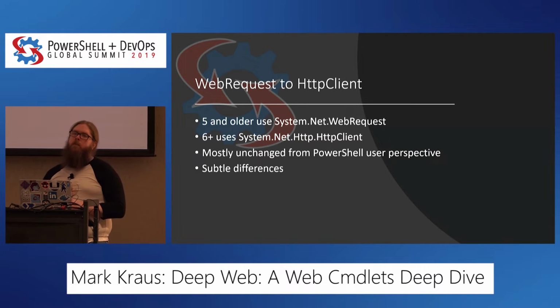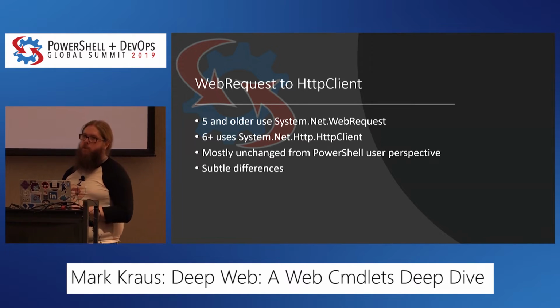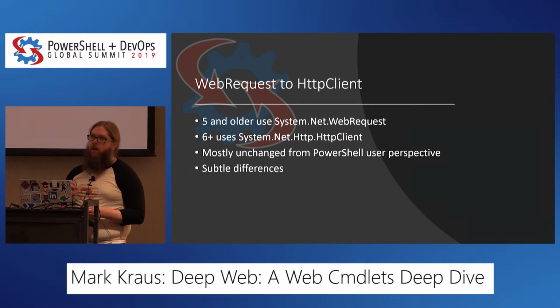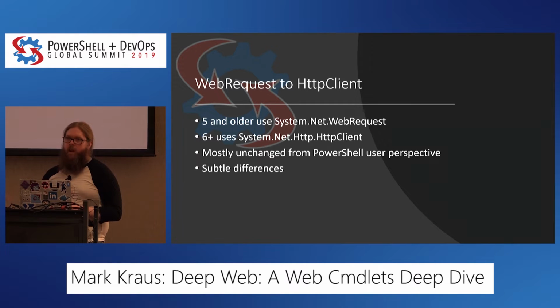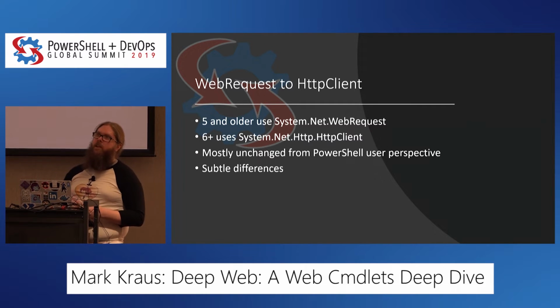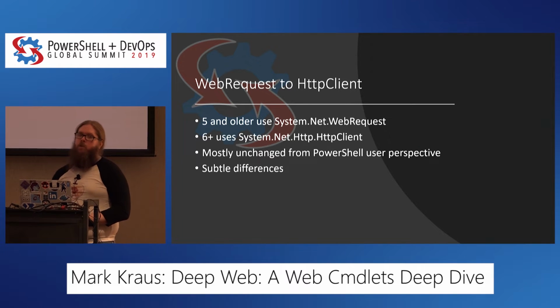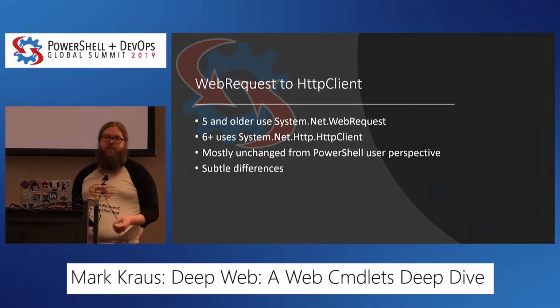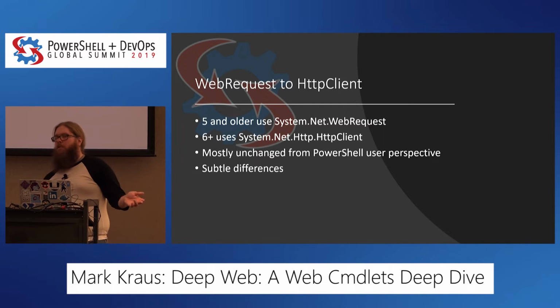When .NET Core was originally released, it did not ship with the web request API in it. It was added shortly after we were already committed to using the HTTP client, which was the only API available at the time. So work was done. I was not involved in that explicit work, so don't give me credit for it. But it was switched to the System.Net.Http client. And from a PowerShell user perspective, that is mostly something you don't care about until you do.